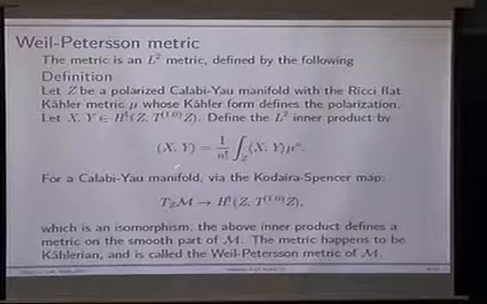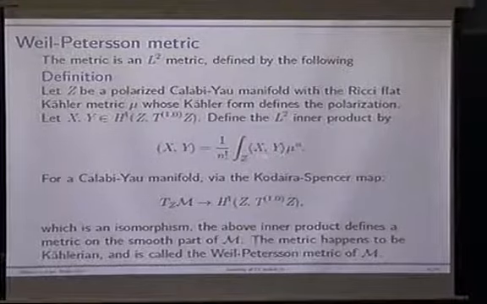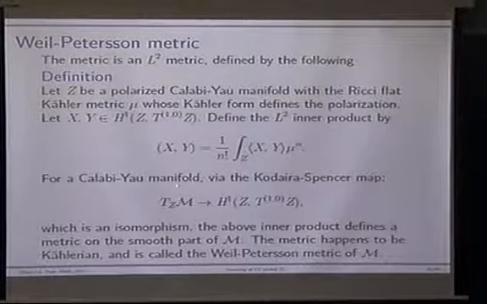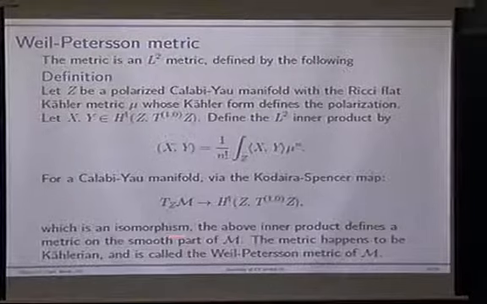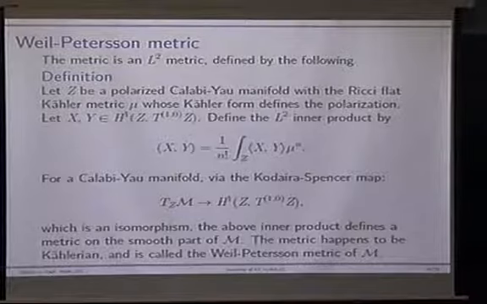Such a Hermitian inner product, in terms of the Kodaira-Spencer map, naturally defines a Hermitian metric on the moduli space. The metric defined on the moduli space is called the Weil-Petersson metric, and it happens to be Kähler.